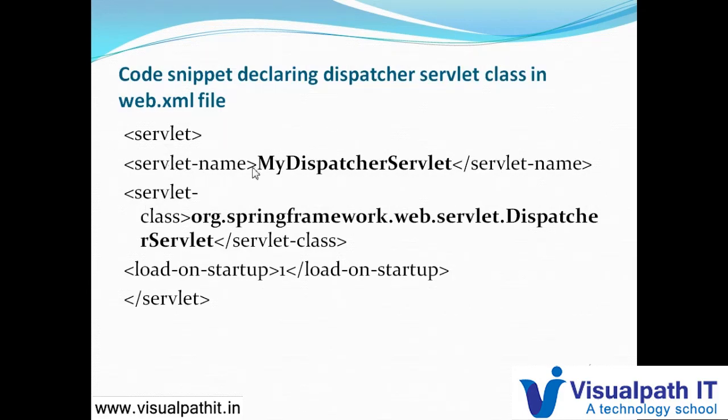So when our newly created my dispatcher servlet class is loaded in a web application, it loads an application context from an XML file. In the Spring Web MVC framework, the name of the XML file is prefixed with the name of the dispatcher servlet. Therefore, the dispatcher servlet class loads the my dispatcher servlet.xml file as an application context.